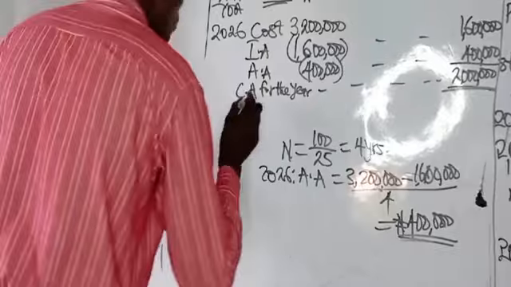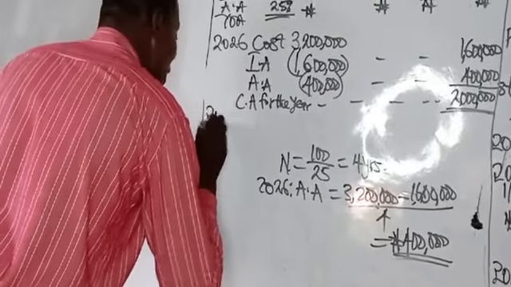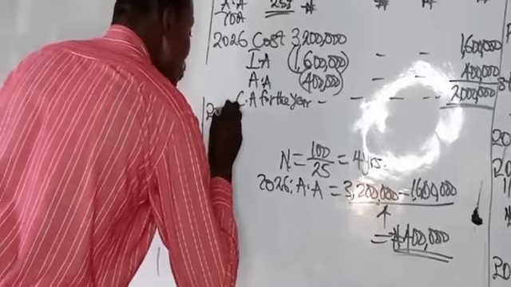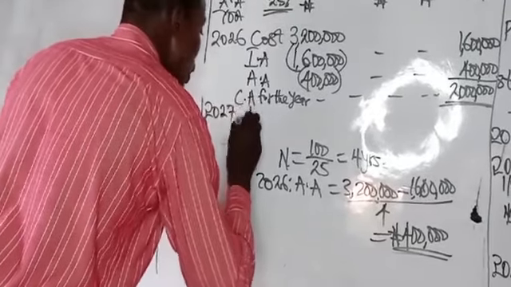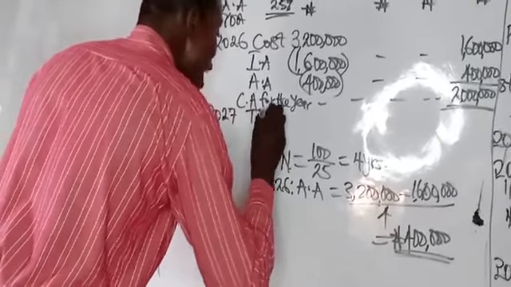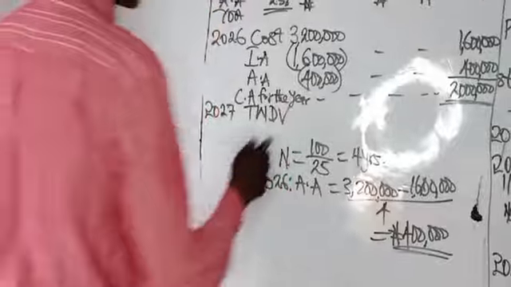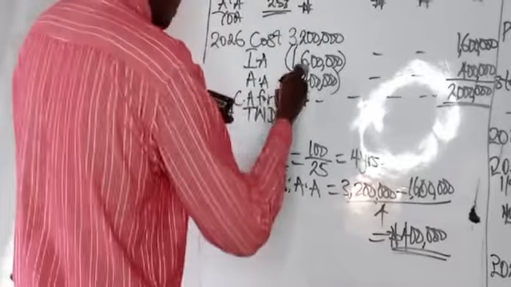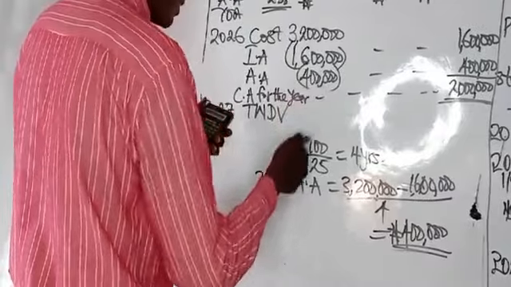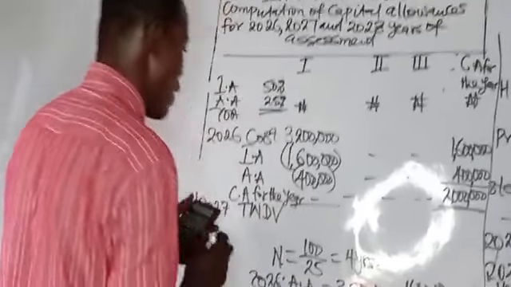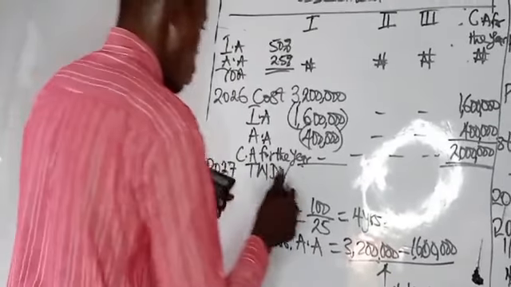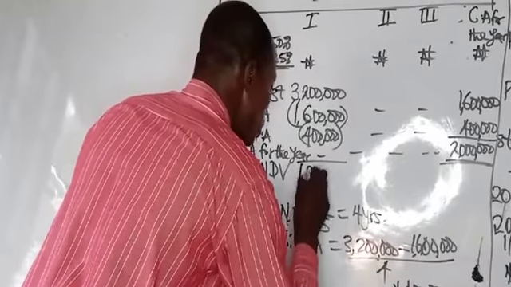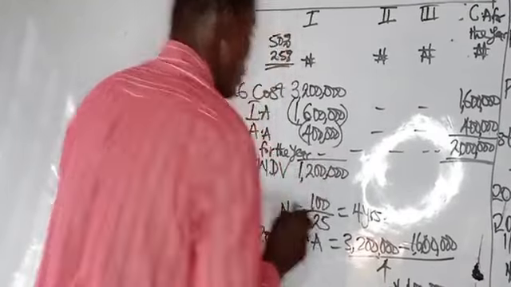After 2026 year of assessment, you have 2027 year of assessment. So you have tax written down value. So 3.2 million minus 1.6 million minus 400,000. So you'll be having the tax written down value of 1.2 million.